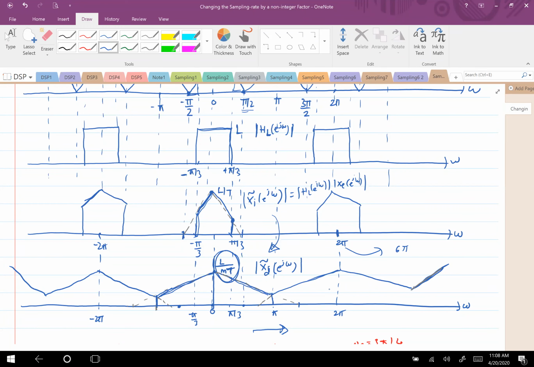In between 0 and 6 pi, this was going to 6 pi, and this would of course remain at 0 itself. The question here is your M value, M equal to 3. Right. So how many copies would be kept in between 0 and 6 pi now?